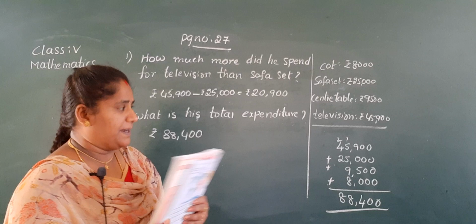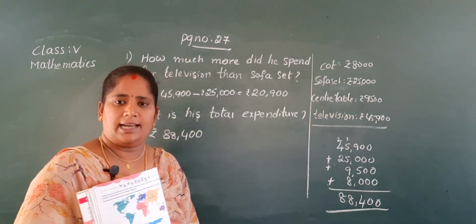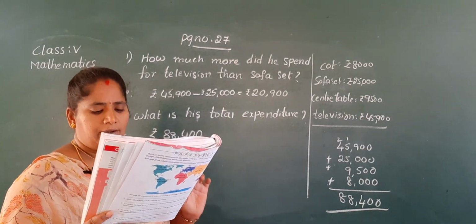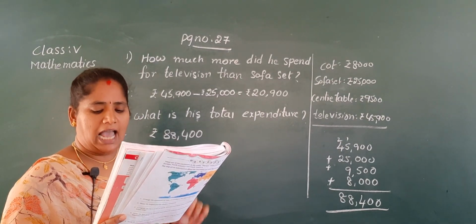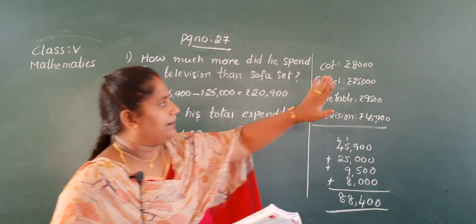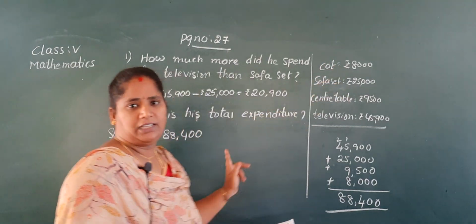Then we will get the total expenditure of the remaining items. Is it clear to you, children? Try to understand the third question. If we had not bought the cot, we have to subtract this amount from the total.